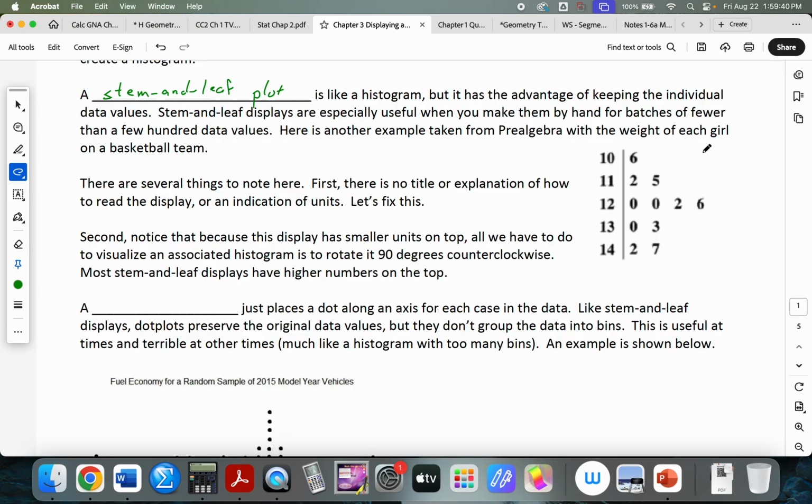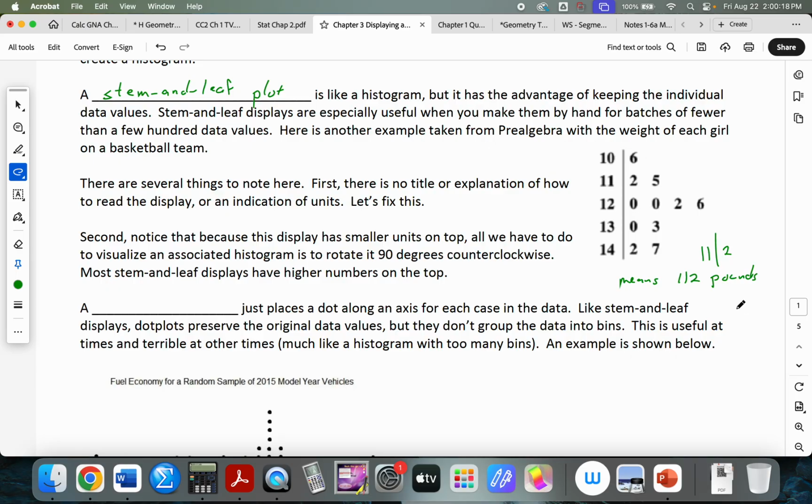So on this, for example, I would need to have something like this, 11|2, which would be this entry, means 112 pounds. You need to know how we're reading this, and you also need to know what the units are. So that tells you both of those things.